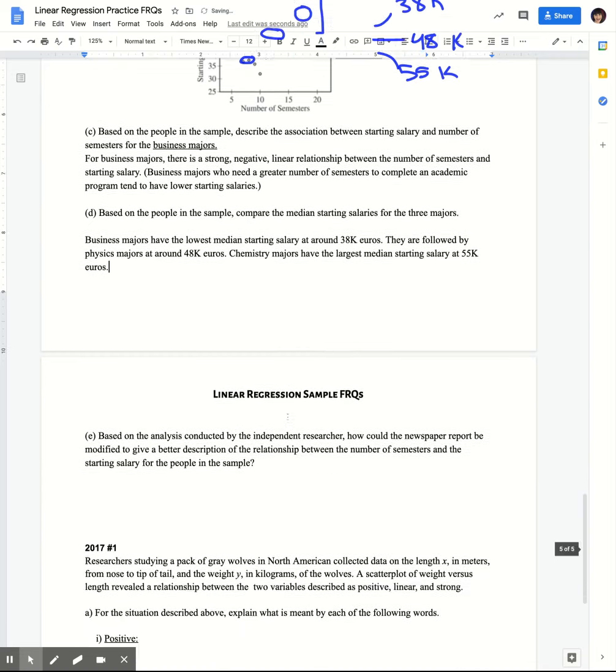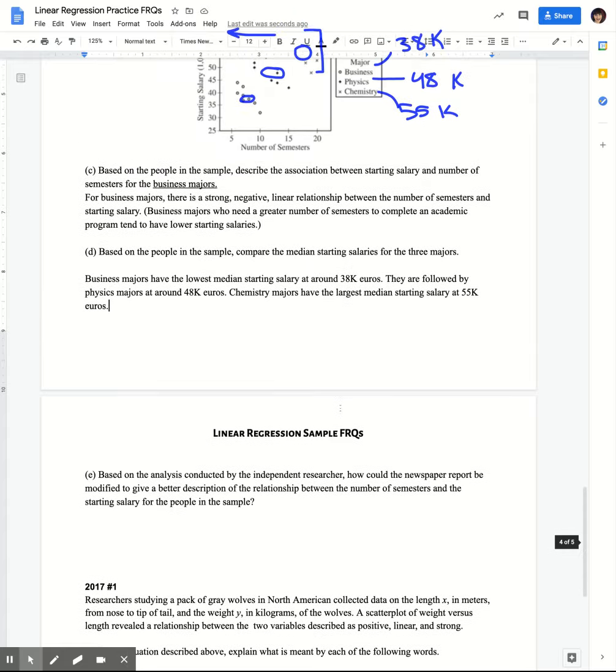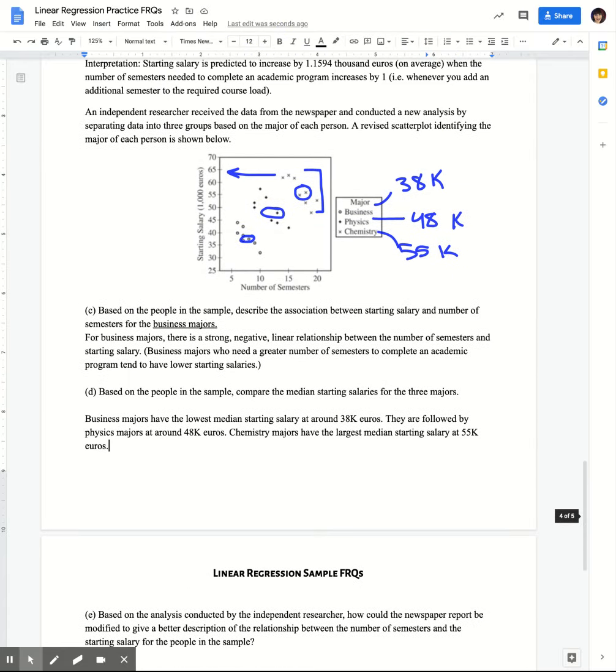All right, last part here, part E, says, based on this analysis, how could the newspaper report be modified? Right, so really what they need to do is they need to make a note to separate this by major, that overall, majors that take longer, you will have a higher starting salary, right?